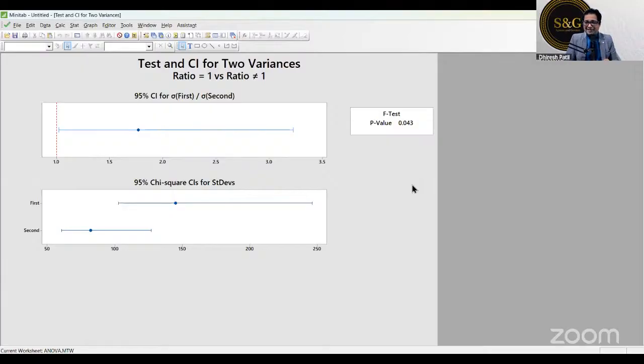Let me tell you one more practical example of this, which I always give. Let's say Gautam Gambhir is the Indian cricket team coach, and he has two options: Rishabh Pant and KL Rahul.